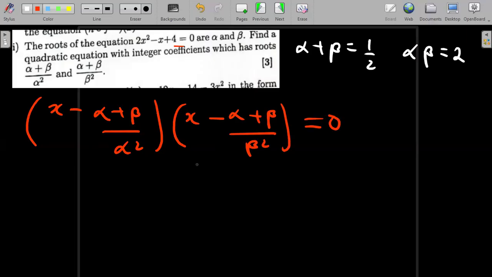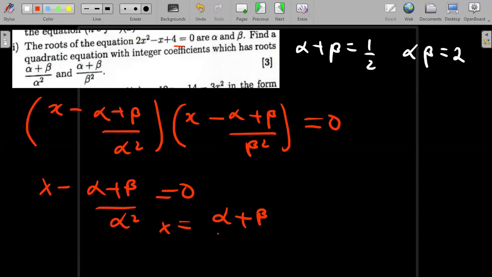If you equate the first factor to 0, you're going to have x equal to (alpha plus beta) over alpha squared. So this is what you get when you equate, and of course, those are the roots which we've been given in the question.